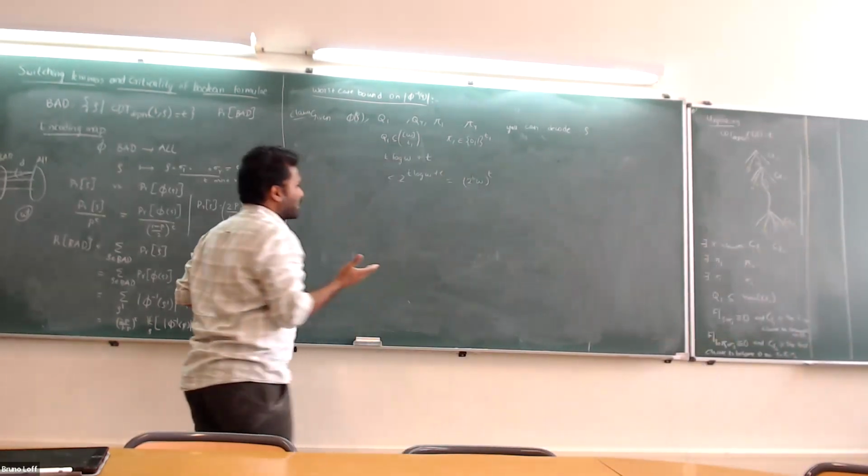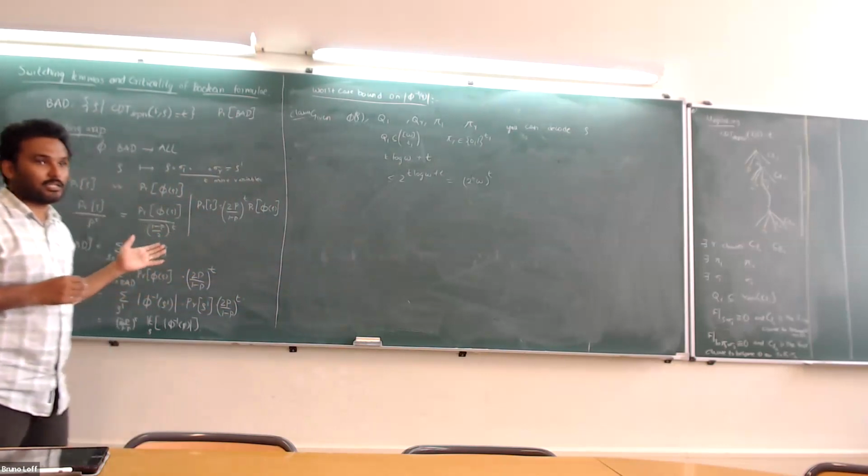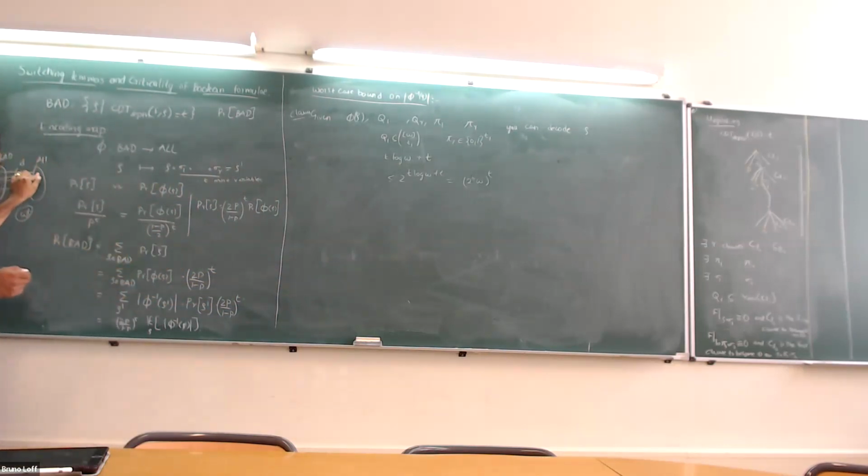So this is the worst case bound, and this shows that the pre-image of any point here is upper bounded by the QW part.